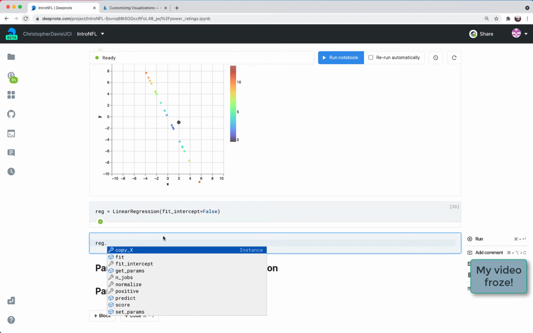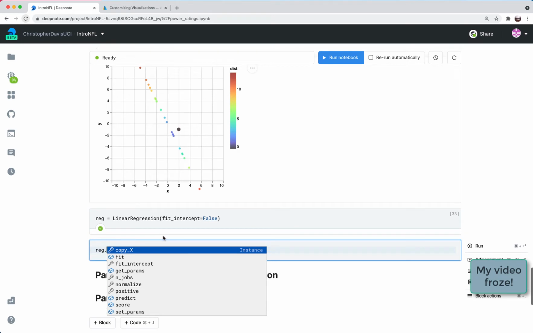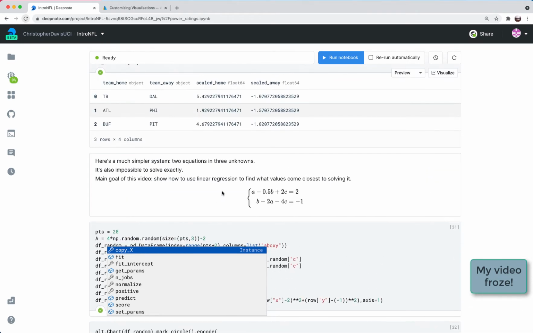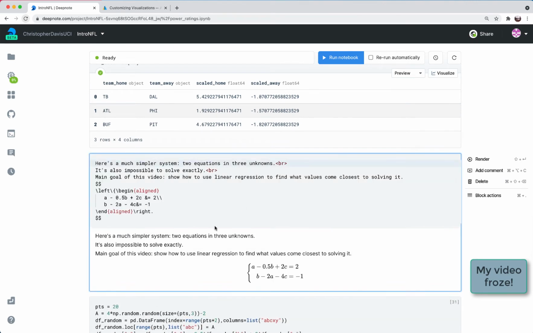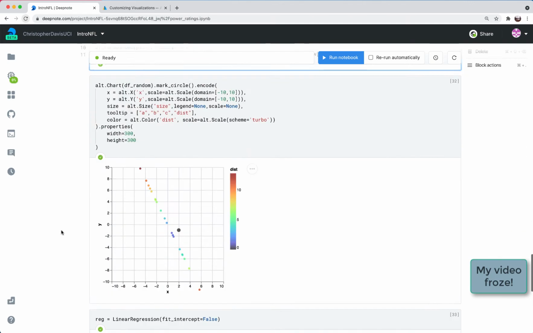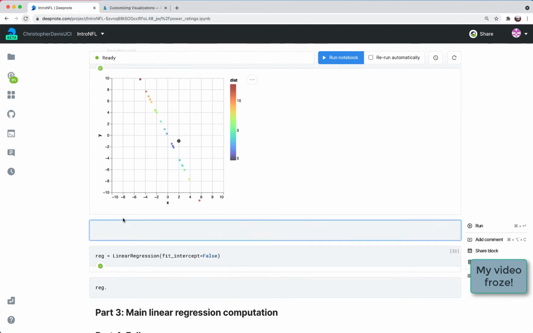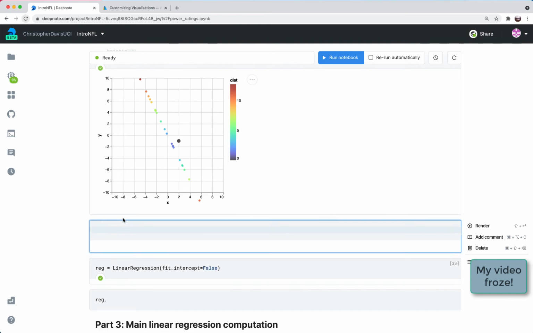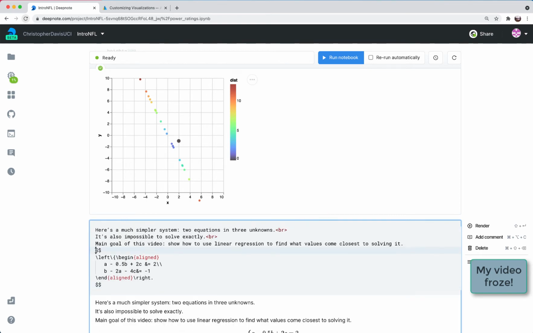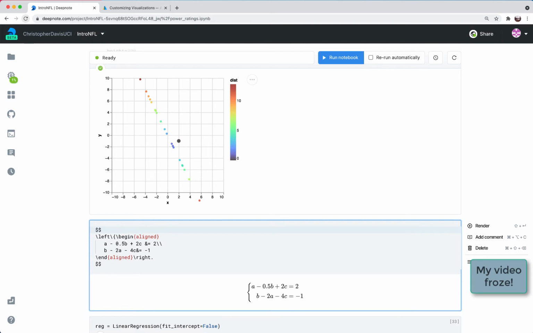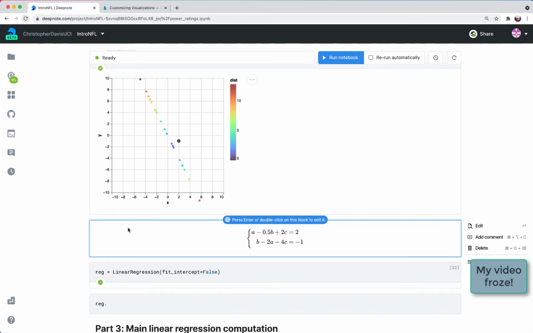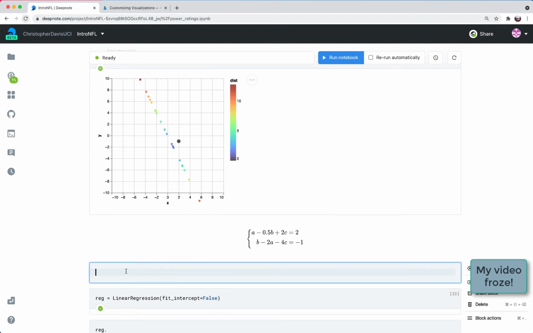And now I want to say, what is the system that we're trying to solve? Maybe I'll copy and paste this so that I can look at it while I'm making it. So let me go back here and make a markdown cell and paste it. And so let me make a coefficient data frame.